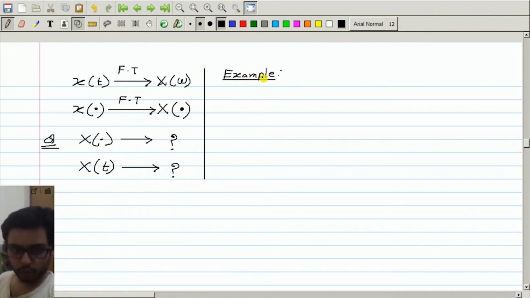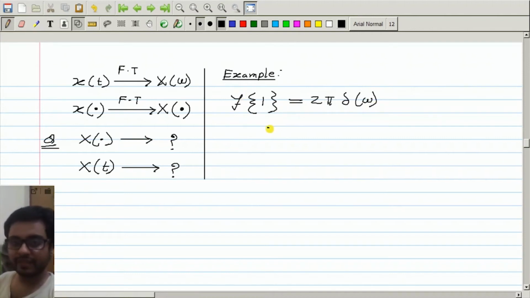To make my question a bit more clear, let me give an example. We have seen just now that the Fourier transform of 1 is 2 pi delta omega. We have proved it a few minutes back.